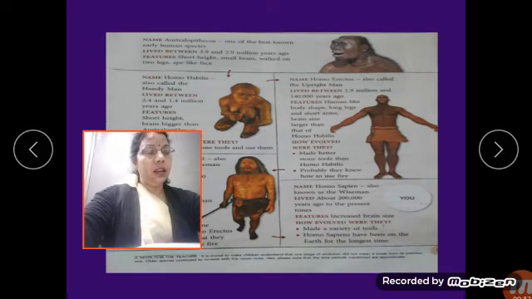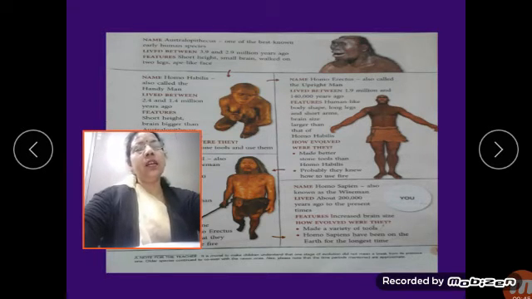They learned to make better stone tools compared to Homo habilis, and they learned to make fire also. Clear?